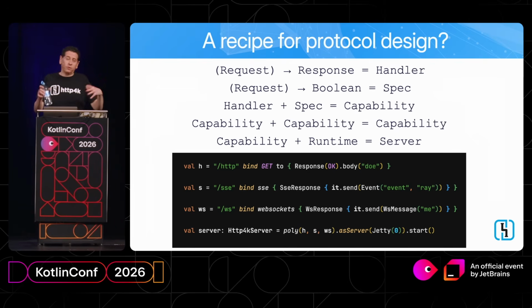And then we can take all those 3 capabilities and combine them using the poly, which is a top-level function, and that will combine those different protocols into a single handler that you can then turn into a web server and start. And so it's exactly the same kind of behavior regardless of which protocol you're using. And you can do the same thing with SSE and WebSocket. You can just turn them into handlers and start them up.